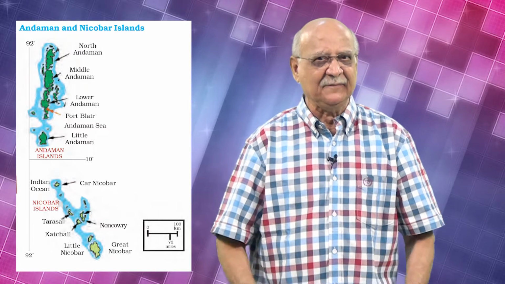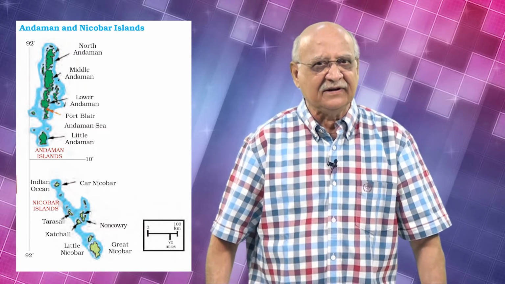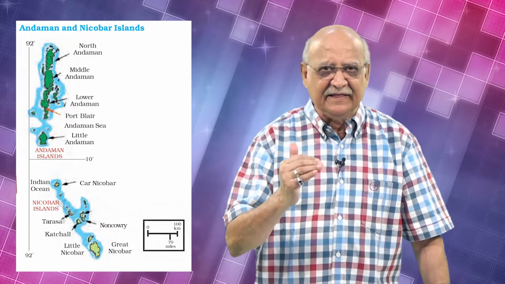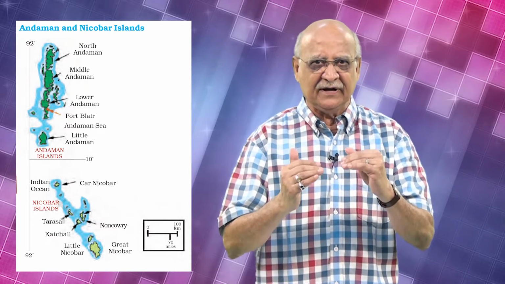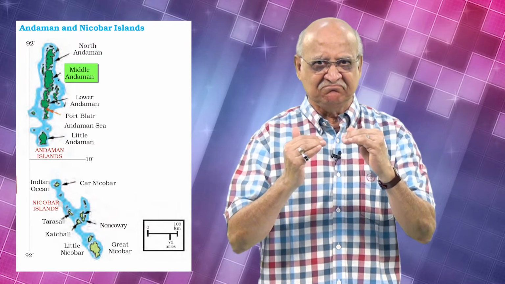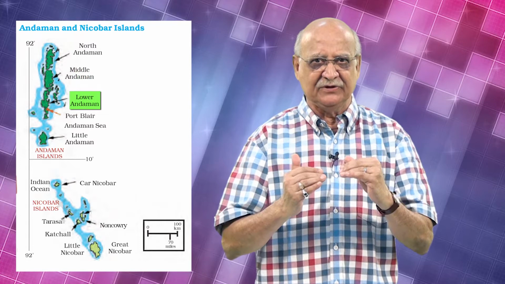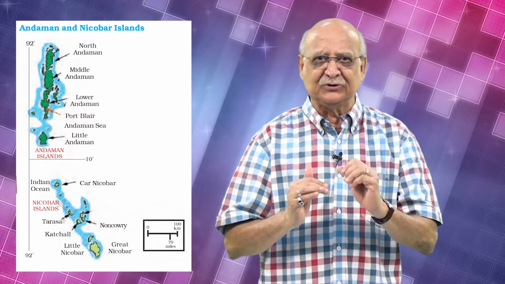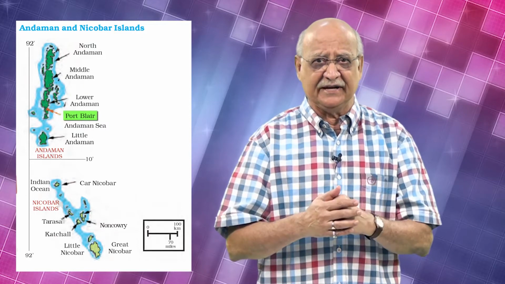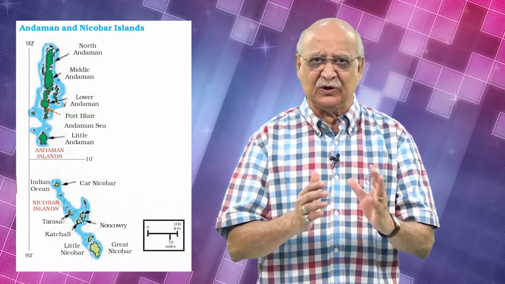Can you see it there? Can you read the places that are mentioned there in the map, right from the top? That's good. North Andamans, Middle Andamans, South Andamans, and in between you also find Port Blair, which is the capital of the Andaman Nicobar Islands, and so on.